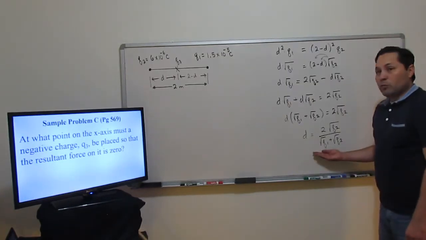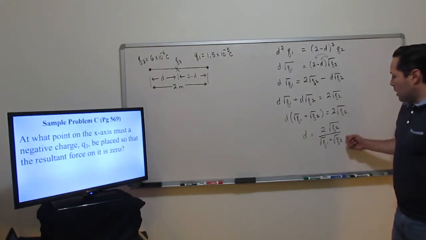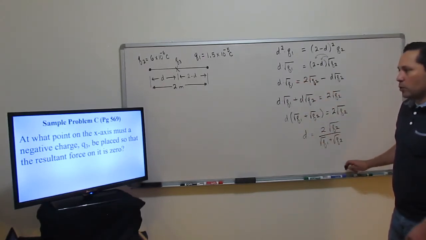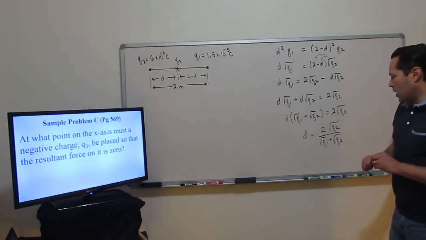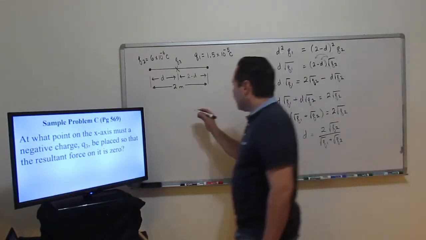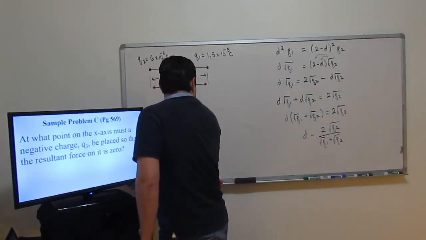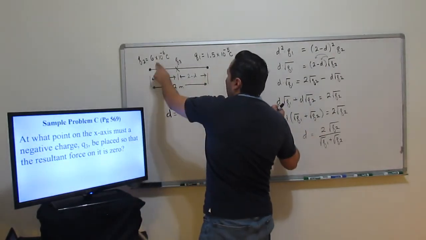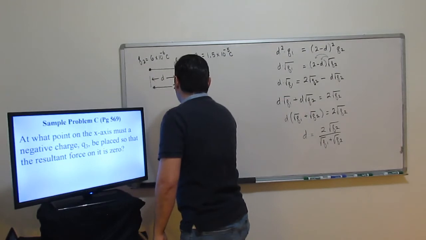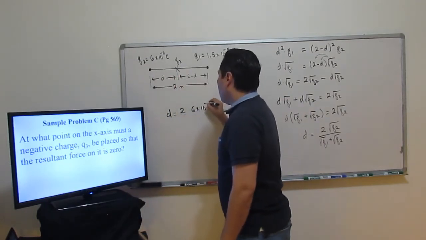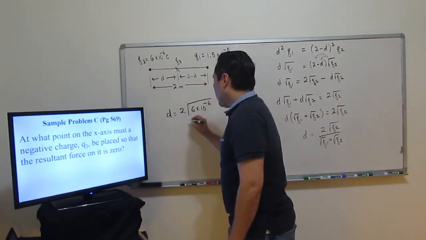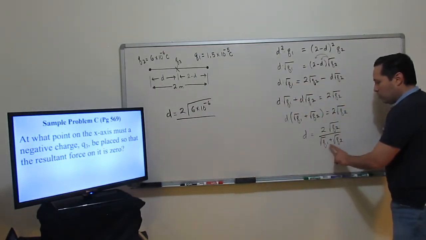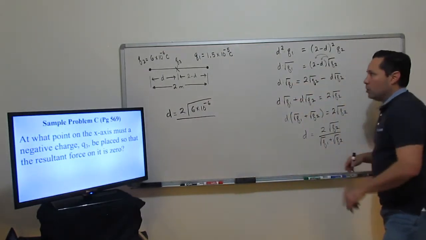Now that we have derived the formula, all we have to do now is plug in the values in here and solve, and that's going to give us our answer. So let's go ahead and do that. D is equal to 2 multiplied times the square root of Q2, so that is 6 times 10 to the negative 6, square root of that, divided by the square root of Q1 plus the square root of Q2.